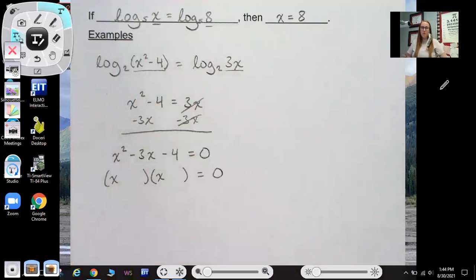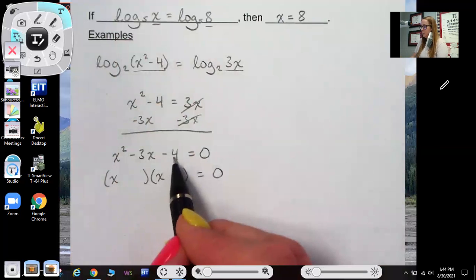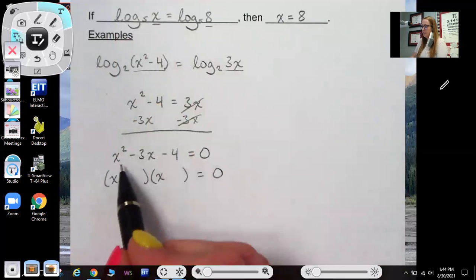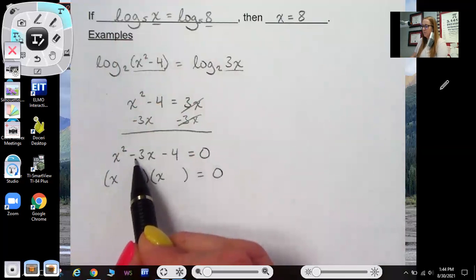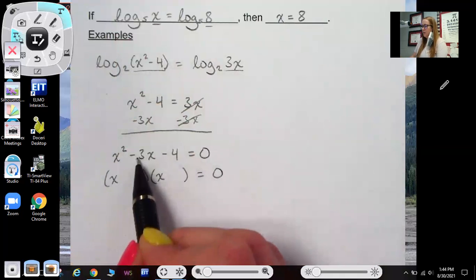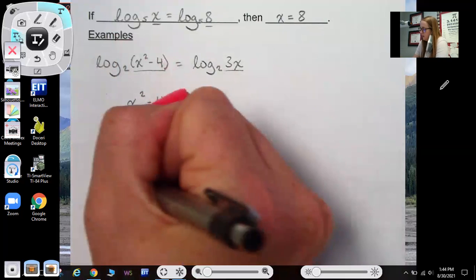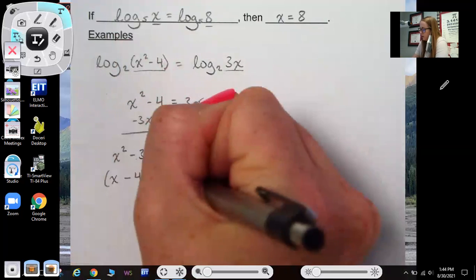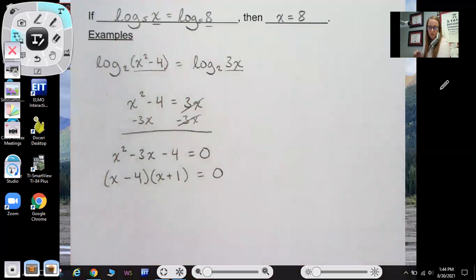Then you're looking for two numbers that multiply to be -4 and add to be -3. So factors of -4 that add to be -3 should be -4 plus 1. Because -4 times 1 is -4, and -4 plus 1 is -3.